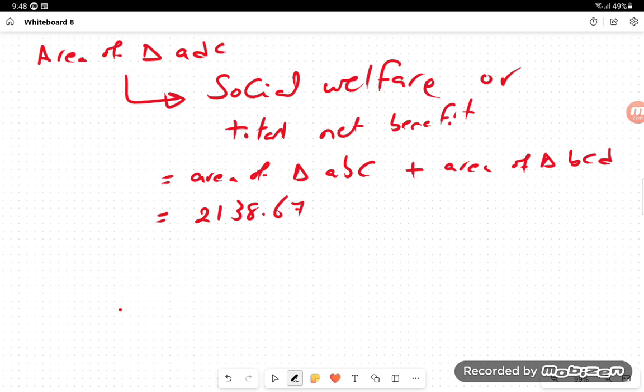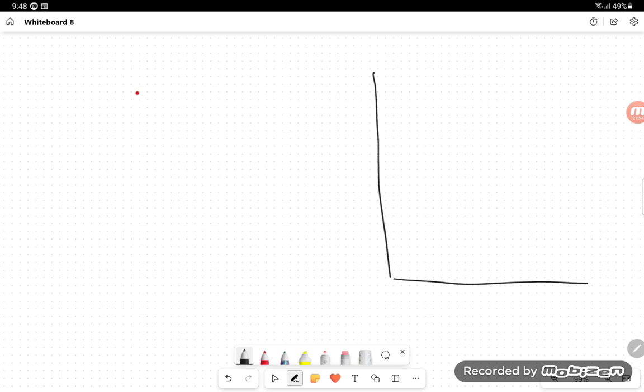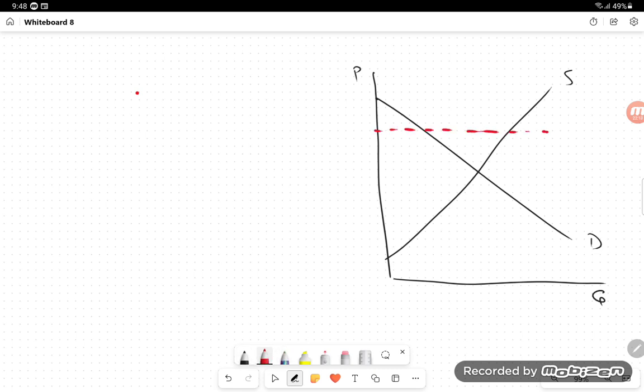What about government price controls? The government would like to set a minimum price, which is higher than the equilibrium market price. Say, for example, at 70.